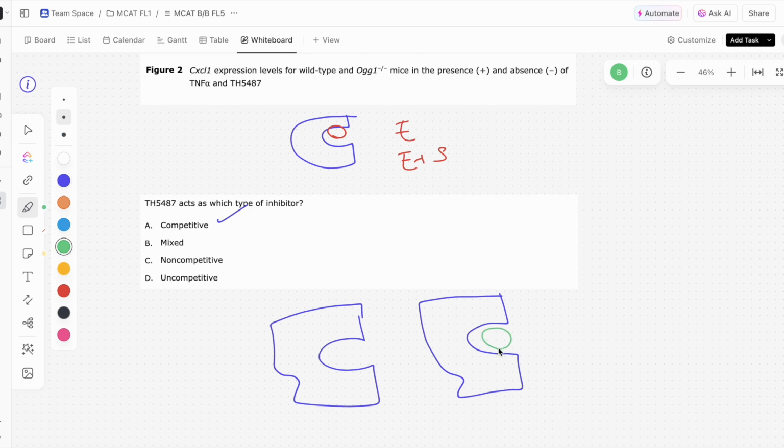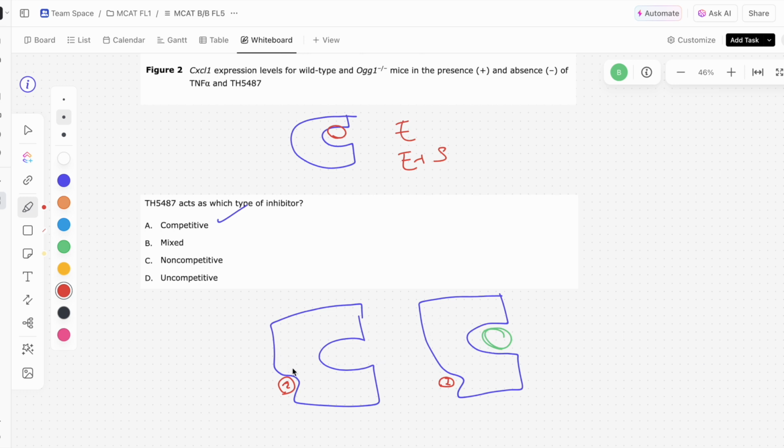So let's say this is a green substrate, okay? So what can this inhibitor do? It can bind to the enzyme with or without its substrate, okay? This is my inhibitor. Right? It can bind right there. It can bind to either at different affinities.